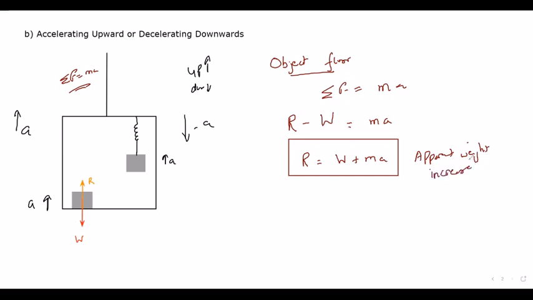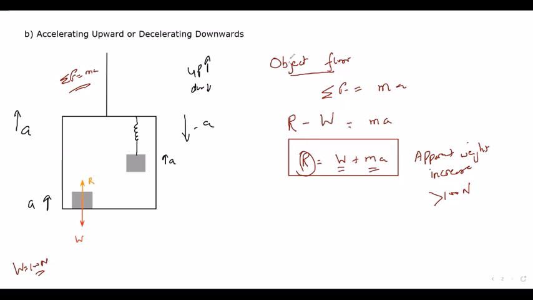So whenever an object is accelerating upward or decelerating downward, what happens? For example, if the actual or original weight is 100 Newton, what happens if the lift is accelerating upward? Then our weight will appear to increase, or it will appear more than 100 Newton, because the normal contact force, which balances with the downward force, is equal to weight plus ma.